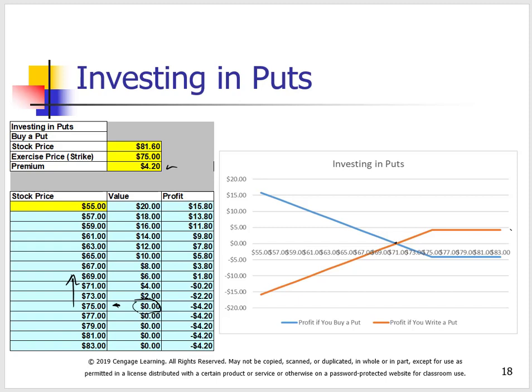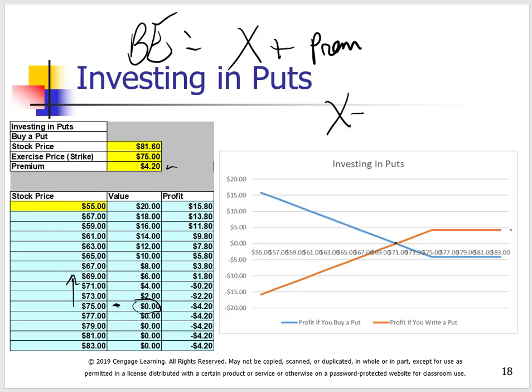So if you think about these break-even points, for a call it's the exercise price plus whatever the premium is. In this case, we're talking about a put, so it's the exercise price minus the premium.